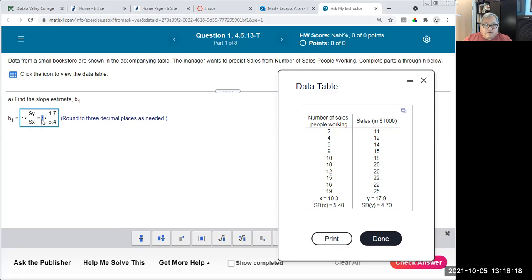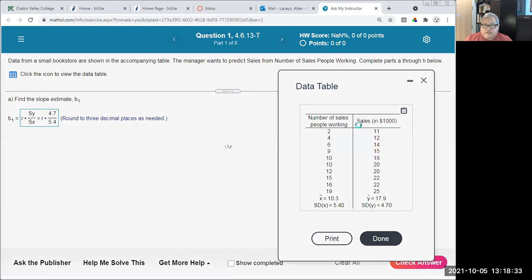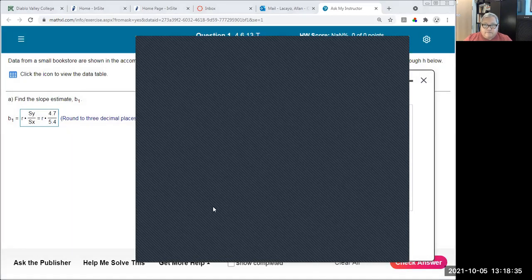Now, how do I calculate the correlation coefficient? That is a function of how well correlated the number of salespeople and sales are in the data. And you do that on StatCrunch. So I'm going to open the data in StatCrunch. Wait till there's a pop-up window connecting this activity to StatCrunch.